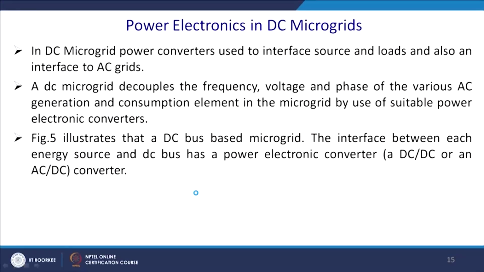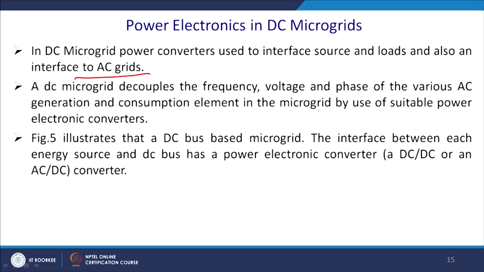In a DC microgrid, power converters are used to interface the source and the load, and also to interface with AC grids. The DC microgrid decouples the frequency, voltage and phase of the various AC generation and consumption elements in the microgrid by use of suitable power electronics converters.